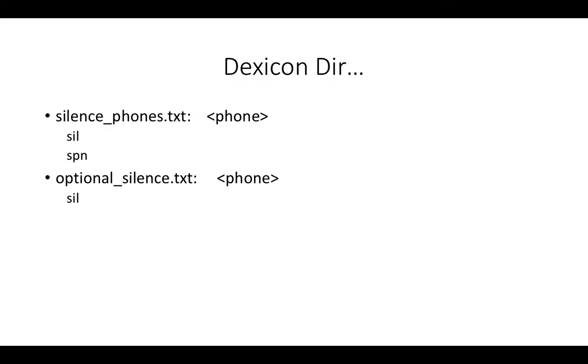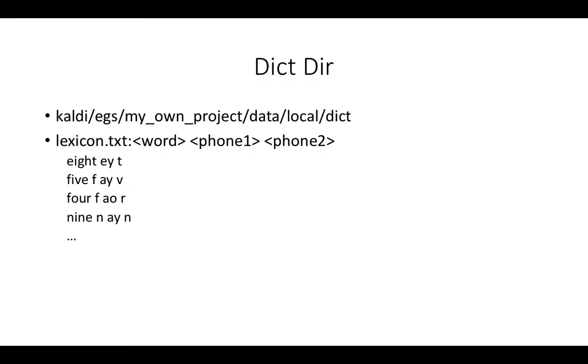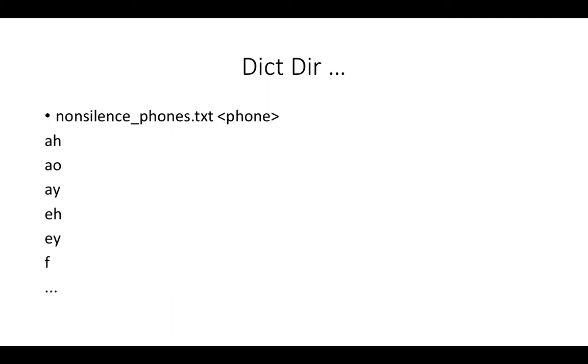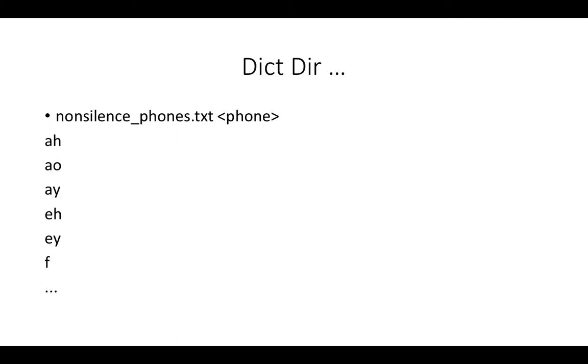These phones must be in the silence phones file, and the optional silence phones file contains the silence phones. These two files are pretty static, but the main components are the lexicon, which contains the words with corresponding phones, and the non silence phones file.